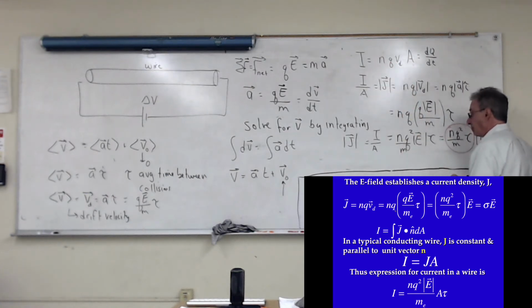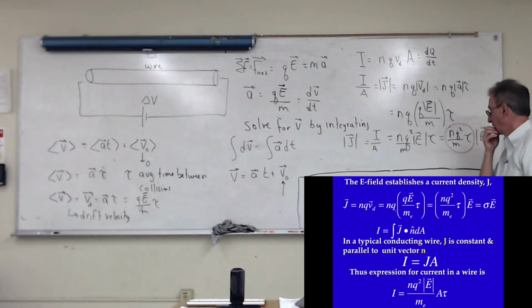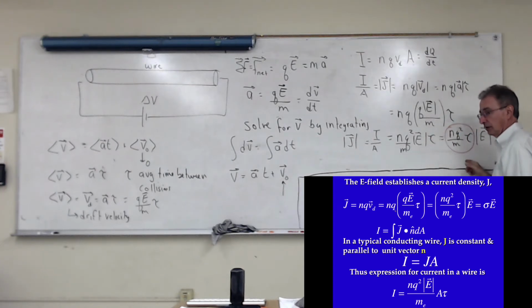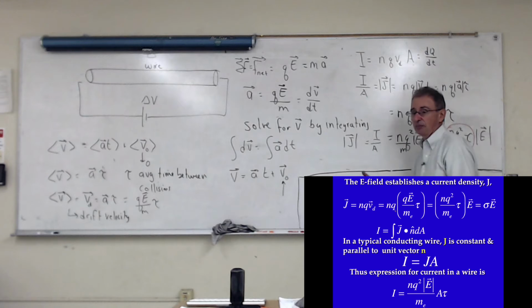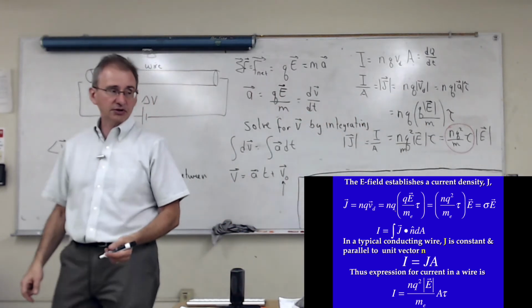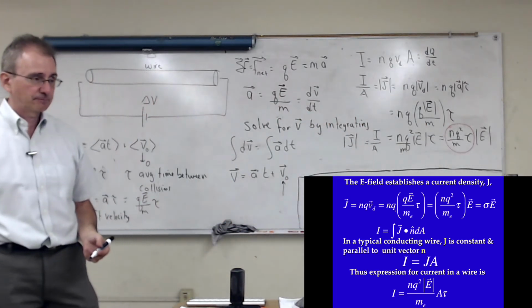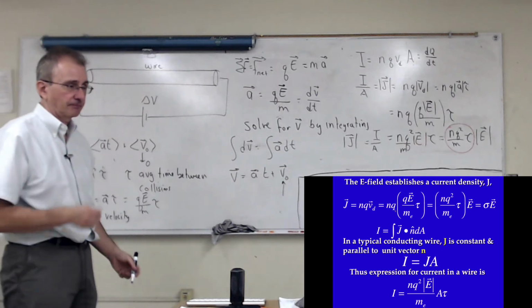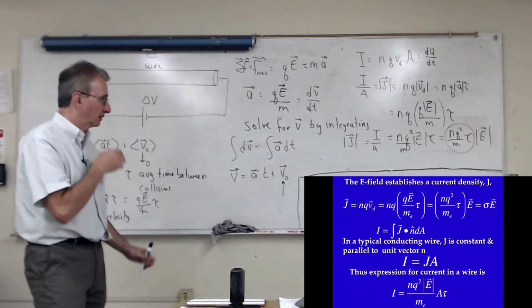And that's the magnitude of the drift velocity. So basically, the current depends on the electric field. The current density depends on the electric field. It's proportional to. Okay?